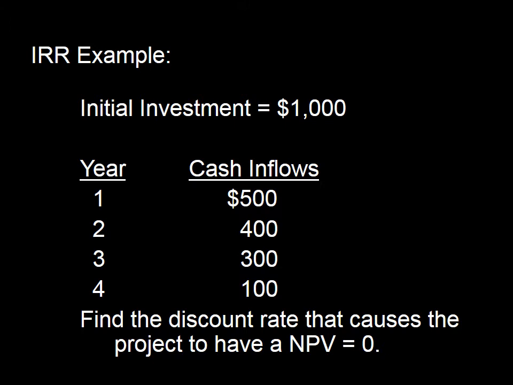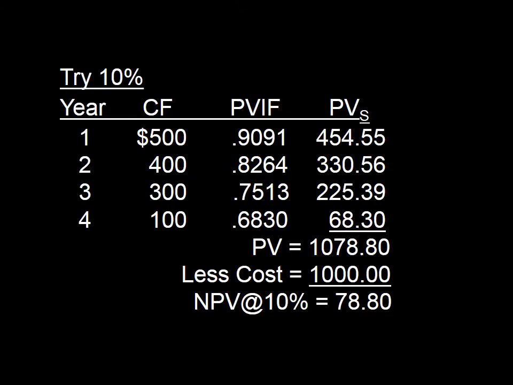So we just pick a discount rate, and we'll see that on the next slide. I just chose 10%. It's a good place to start. I usually suggest starting at 10 or 15%. So we're going to try 10% and see what happens. I took the cash flows from the project in the previous slide.